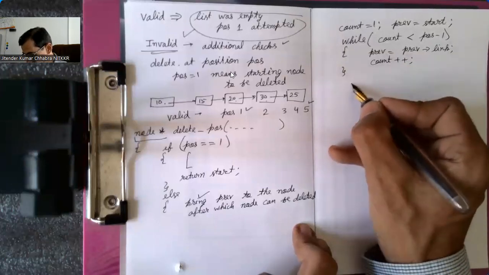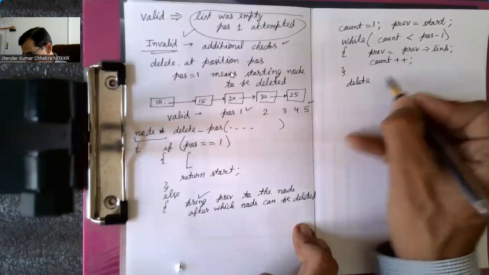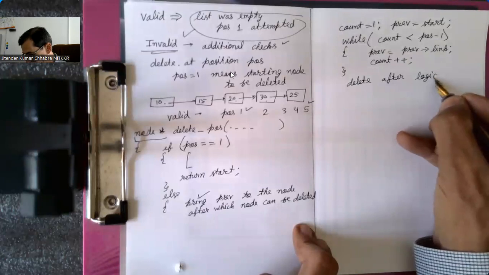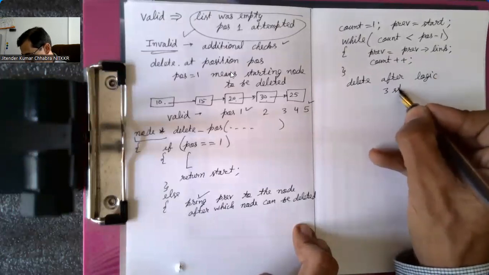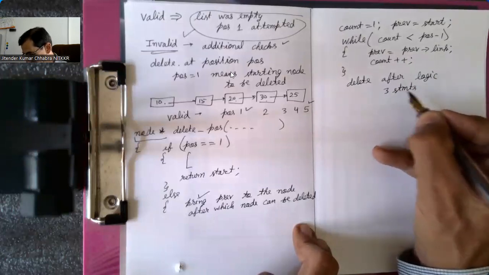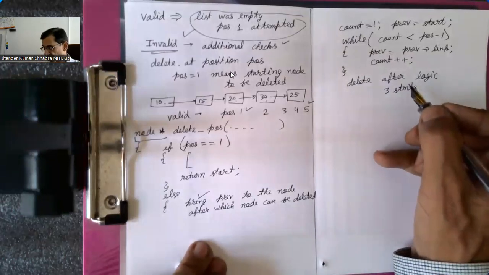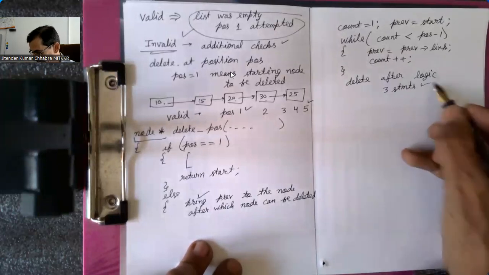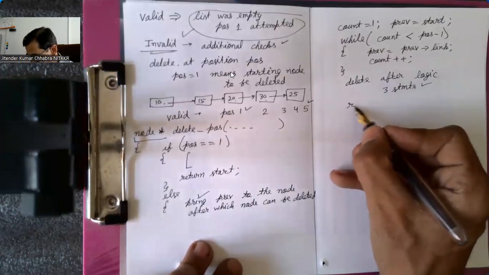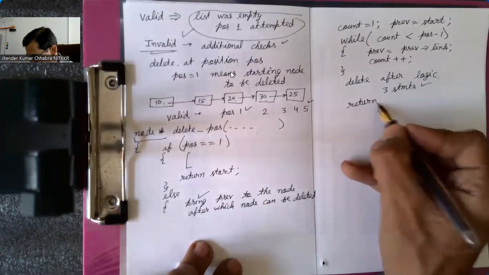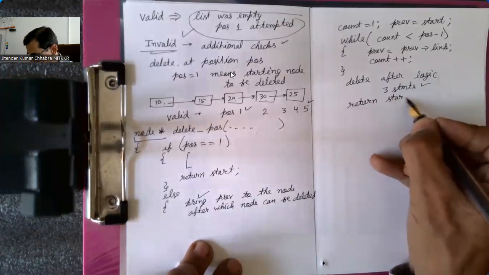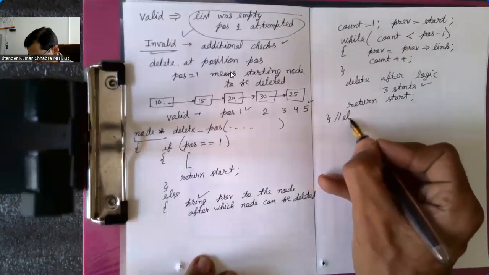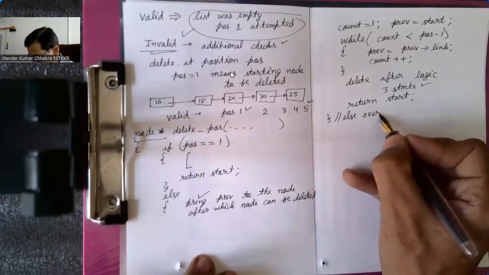After that, the delete logic, delete after logic, which we have already done. Those 3, 4 main statements are to be implemented here. If the value is also to be displayed or returned, delete value can additionally be handled. Finally, I must have return start. So that else part will be over and the function over.